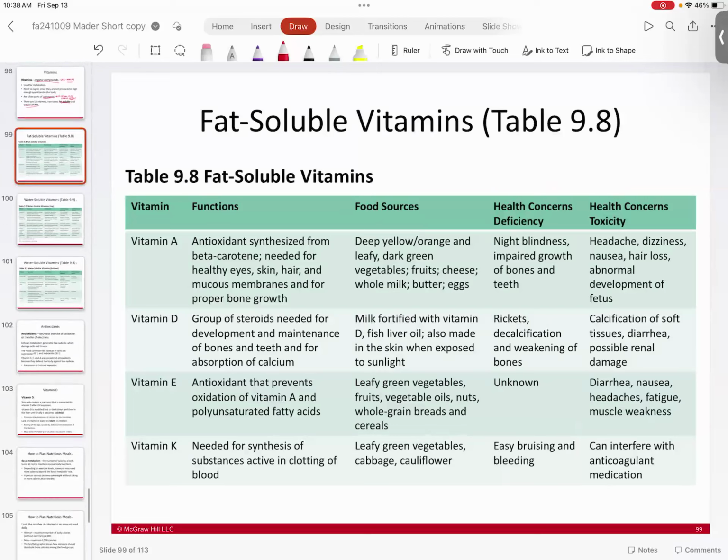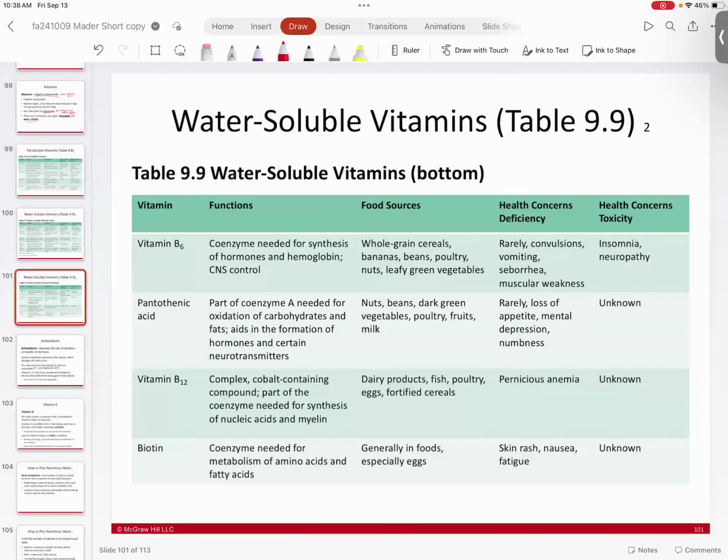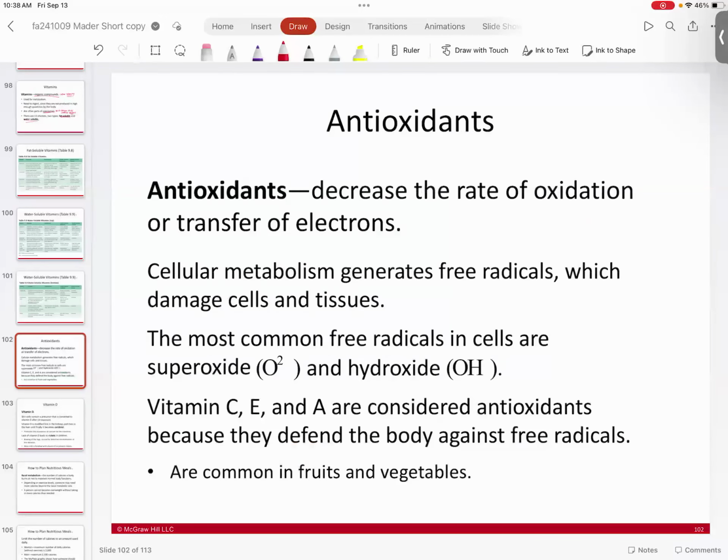I don't want to go through this list. This is just a table for the different vitamins that we have here that we need to get our B complex and so forth. And so antioxidants, basically, these will decrease the rate of oxidation. So basically kind of protecting us from harmful effects of oxygen byproducts, things like superoxides and hydroxides and free radicals, right?